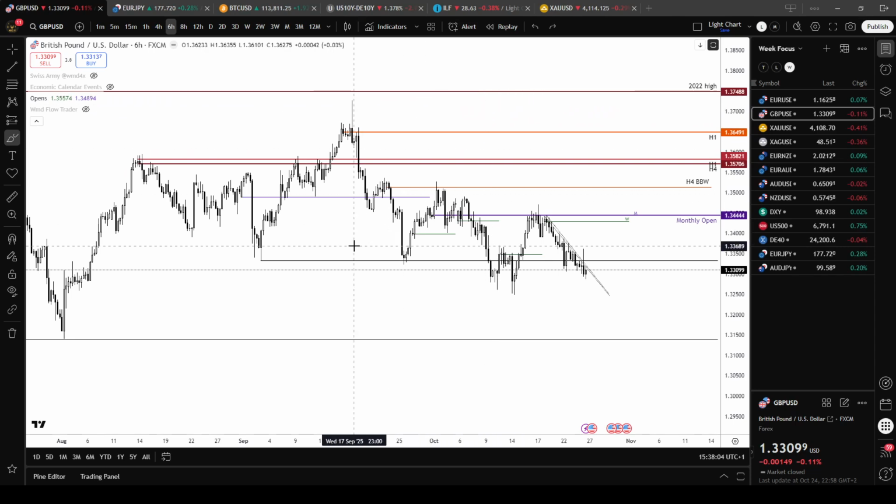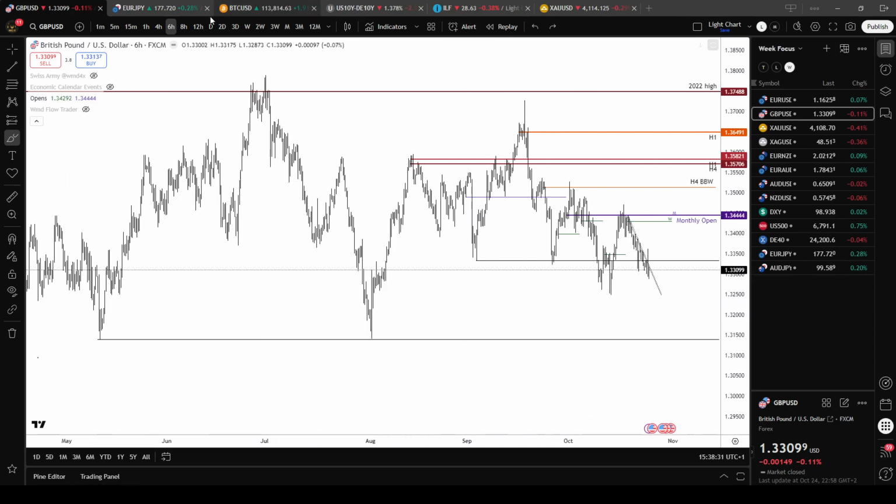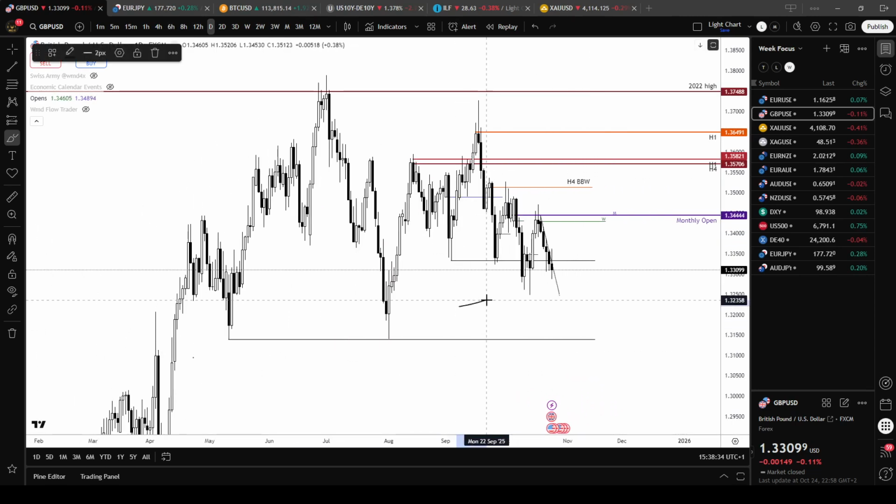The way I view it is, what if instead of saying this is support or resistance, you say, hey, that is a magnet for price, and I don't care what price does once it gets there, but price probably wants to get there. So why don't I trade to flow with price into that area? And that's the same idea why I've been bearish biased on GBP since I spotted these lows.